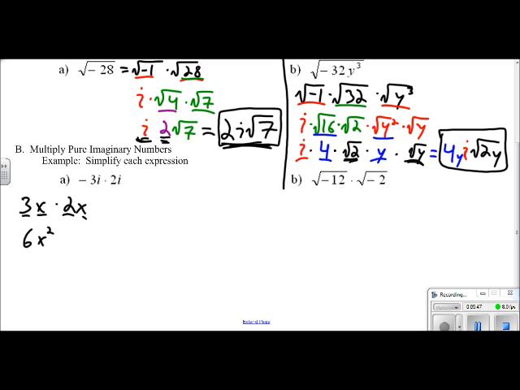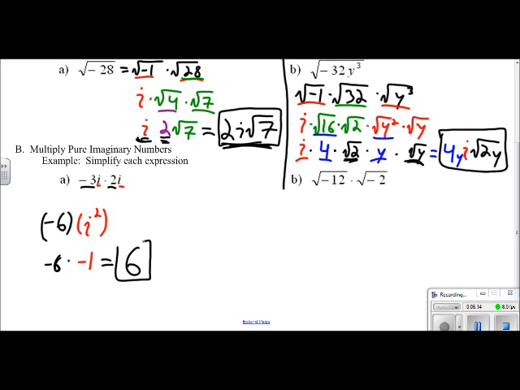Well, we're going to use the same process here to determine that negative 3 times 2 is negative 6, and i times i is i squared. Again, like René told us, i squared is just going to be negative 1. So essentially we have negative 6 times negative 1, in which case that leaves us with 6.